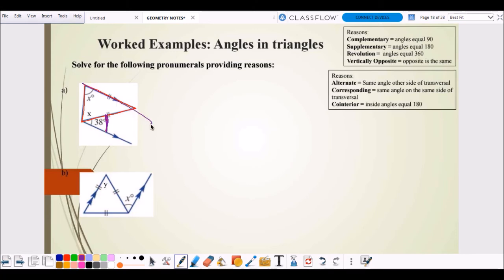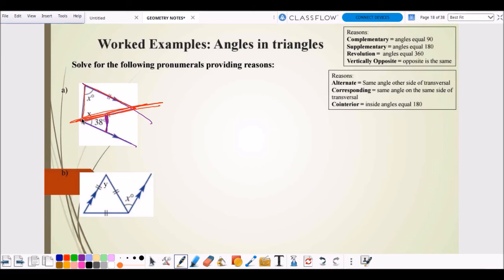Two parallel lines here, and you've got your transversal line right here. So there's two parallel lines, there's a transversal. What do we notice that's interesting? Something about this angle, and then another, I was pointing at the wrong angle, sorry.